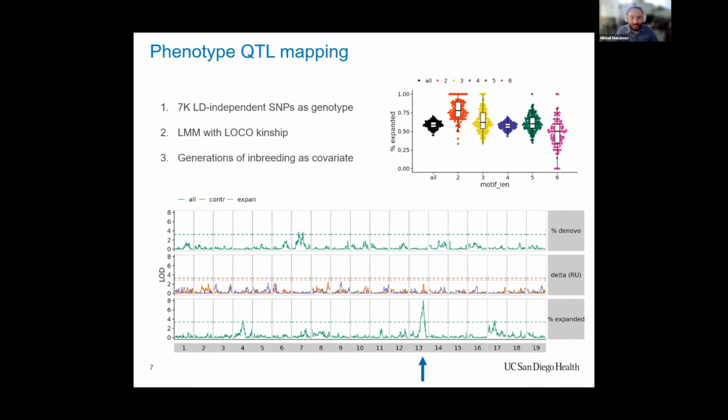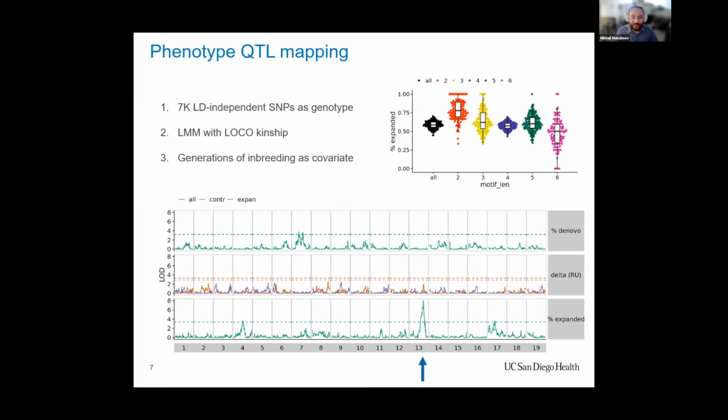And we used a linear mixed model with the number of inbreeding generations as a covariate, because we actually see a substructure by epoch even within the abundance phenotype. And a strain kinship matrix, just the standard approach to control for population structure, using the R/qtl2 package.